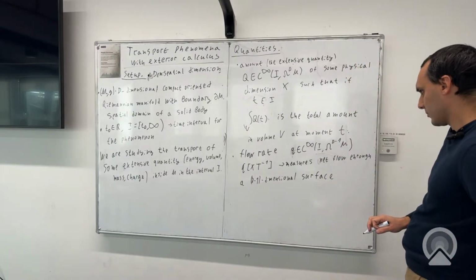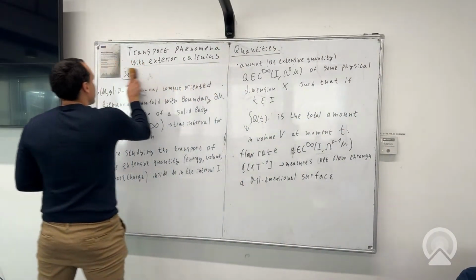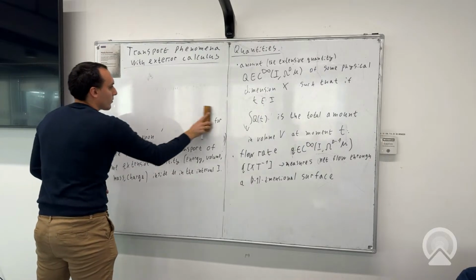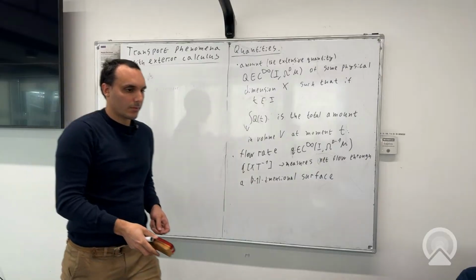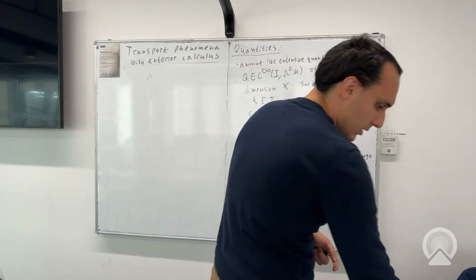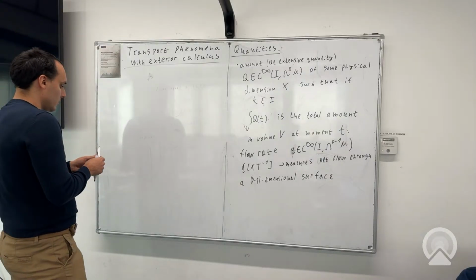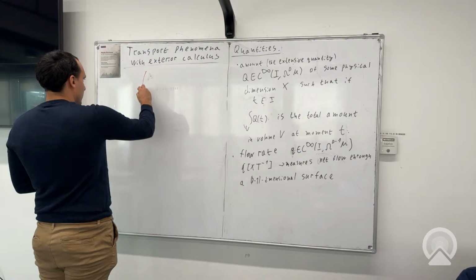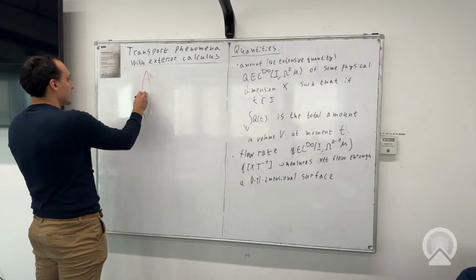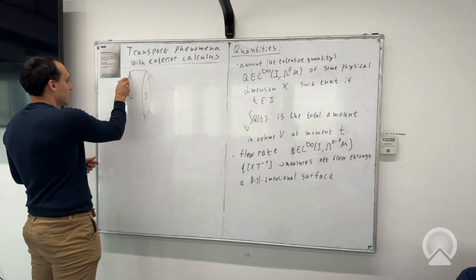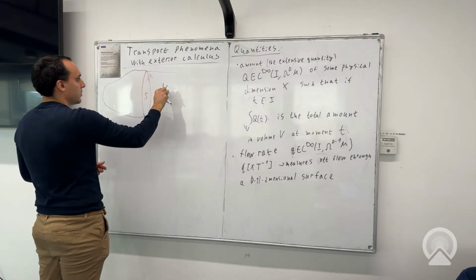So I make this picture. I will talk about relative orientations when I talk about meshes, so I'm not going into details about that. But we have some surface here, and it has some volumes around it. So this is S, and this is V plus and V minus.